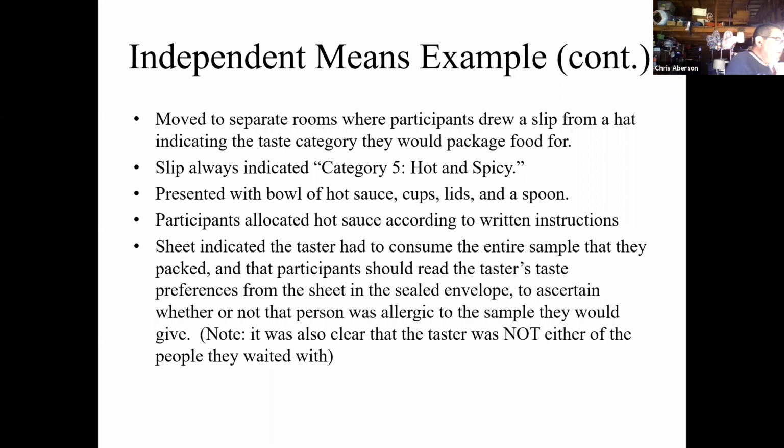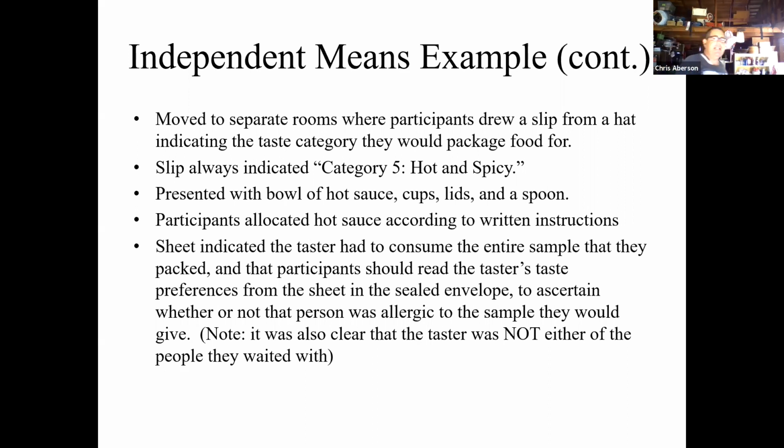They then moved to separate rooms. And the participant was told that they would be packaging food for a taste preference study. They drew a slip out of a hat. The slip always said that they would be packaging hot and spicy food. They were presented with a bowl of hot sauce, cups, lids, and a spoon.